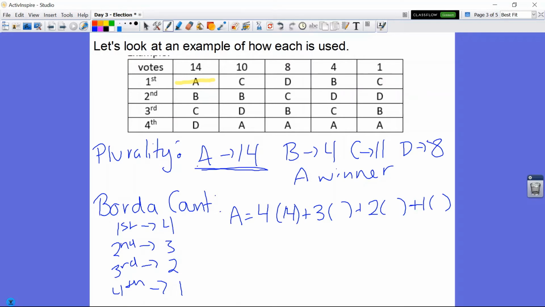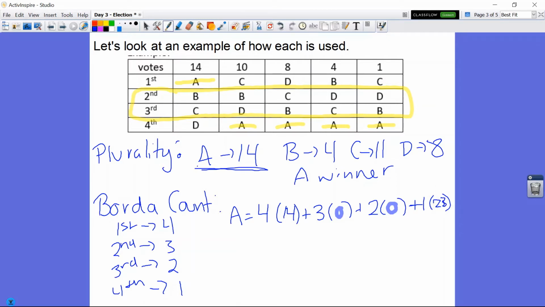For second and third place, we can see that A is never in second or third place. A doesn't show up anywhere in these 2 rows. So we're going to put a 0 for second place and a 0 for third place. All right, and then last place, A is in last place all of these times. And so if we add up that total, A is in last place 23 times.